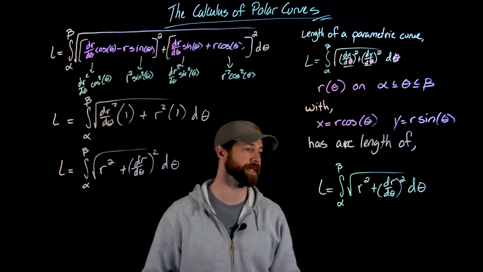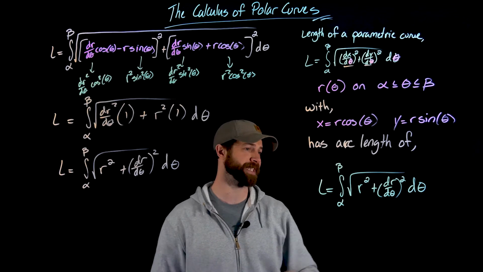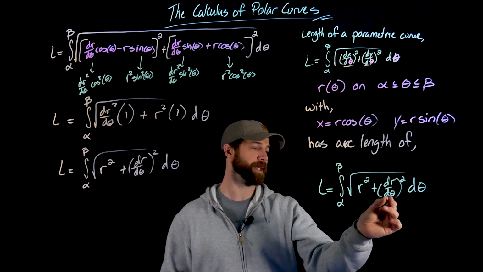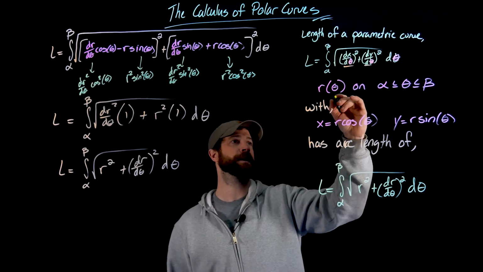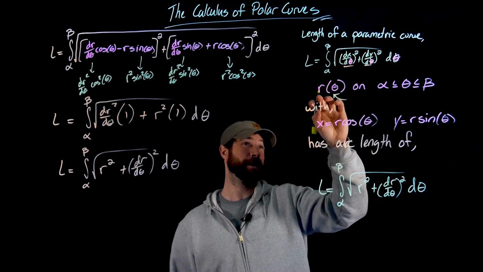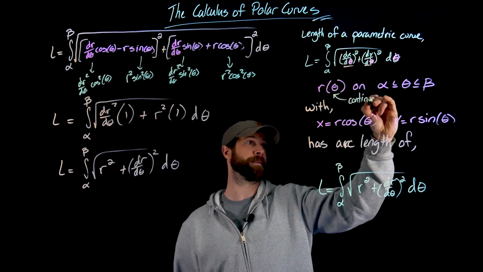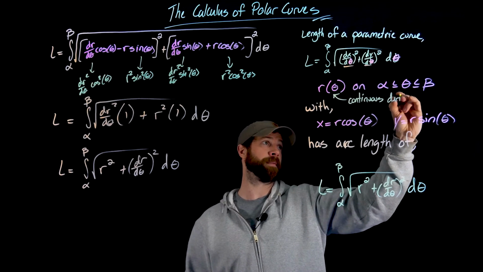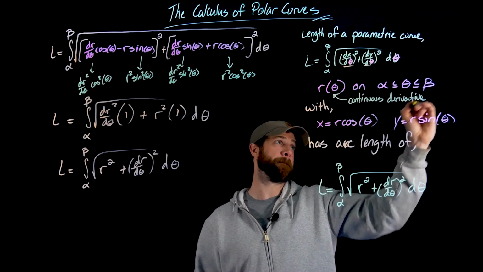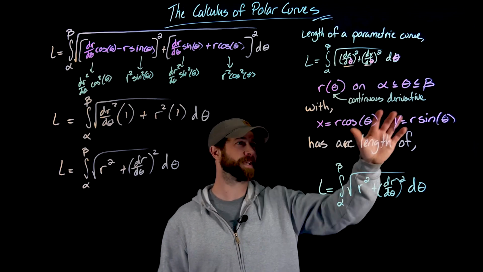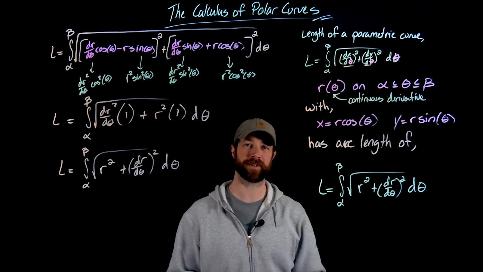A really important thing to add on here is that because we're integrating something that has the derivative with respect to theta right here, the function r has to have a continuous derivative. And again, to clarify, that's because we have to have continuous functions inside of our integral.